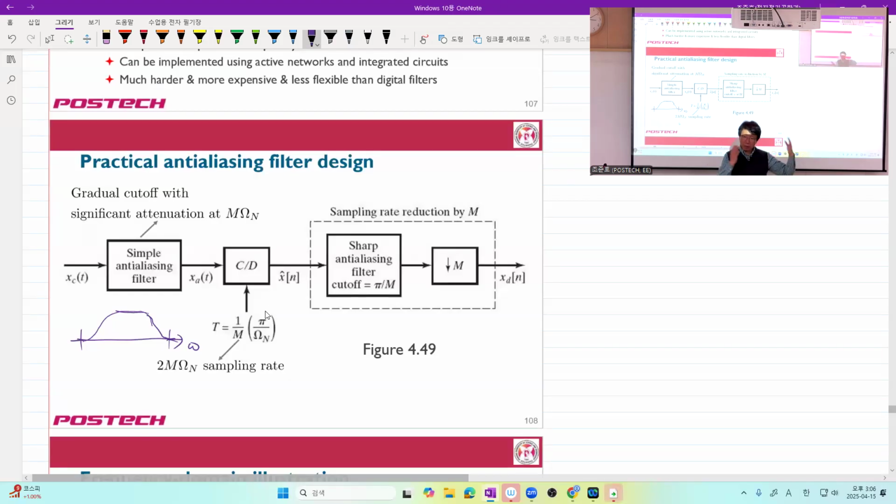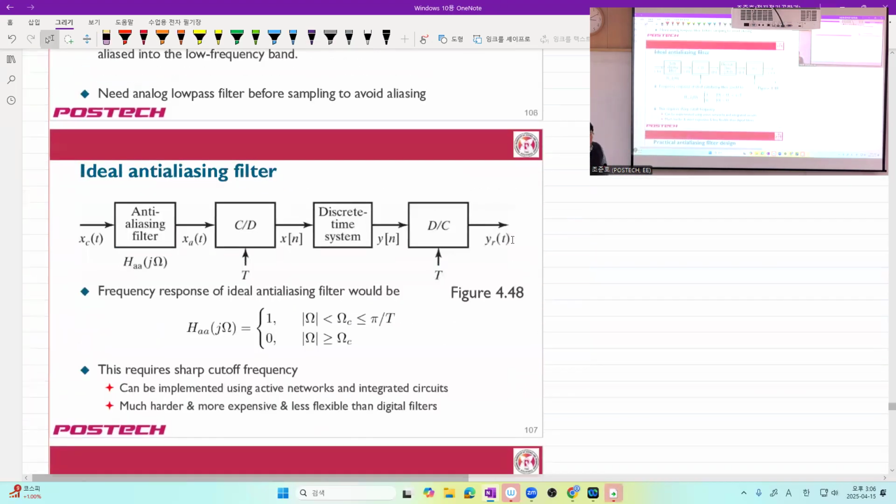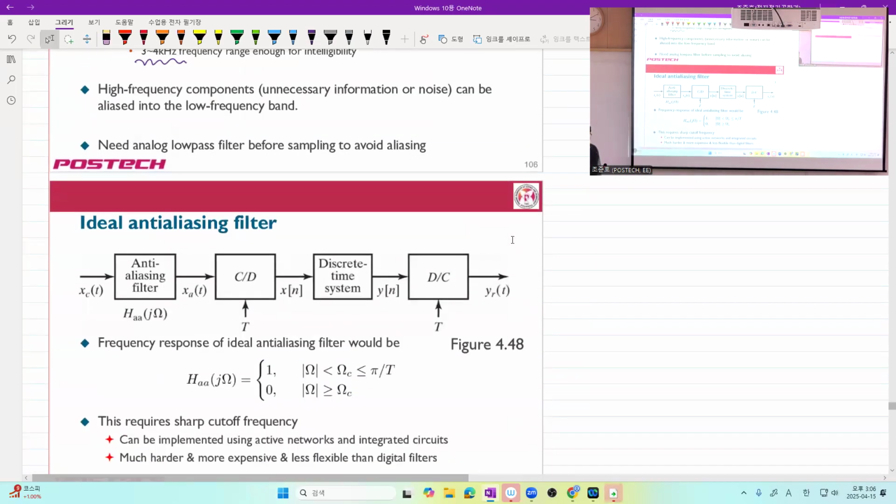And after they have the high rate sampler, in the digital, discrete time domain, they do ideal filtering or approximately ideal filtering and then downsample. Then this is very close to this case. Got it?